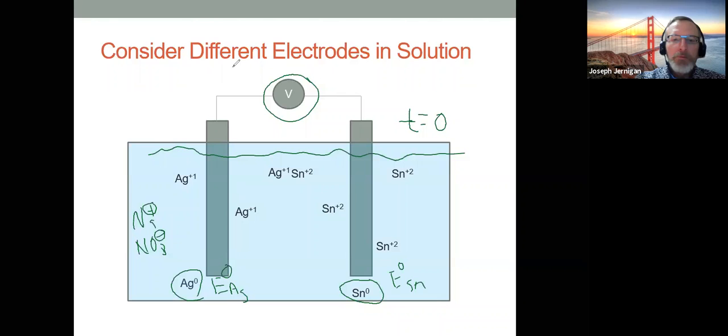And we now have two complete couples. We have the opportunity for tin to interchange with its tin cation, and so you get actual electron transfer here. And now you've got silver, and it's doing its thing with its silver ion electron transfer here.